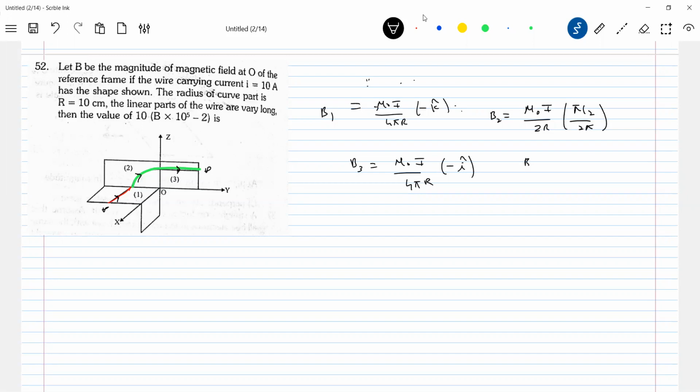So the B2 bar, now we can define it: B2 cos 45 minus I cap, B2 sine 45 minus j cap. So this you simplify. This will be mu naught I, pi will get cancelled. So mu naught I by 8R.